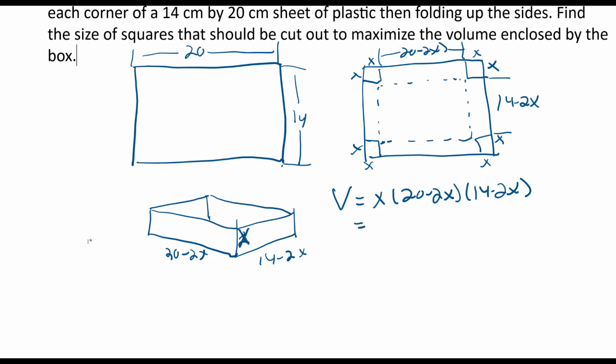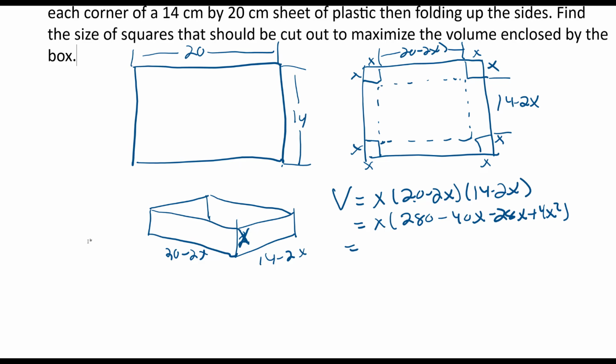So it's going to be x times, it's going to FOIL out first, 280 minus 40x minus 28x plus 4x squared.